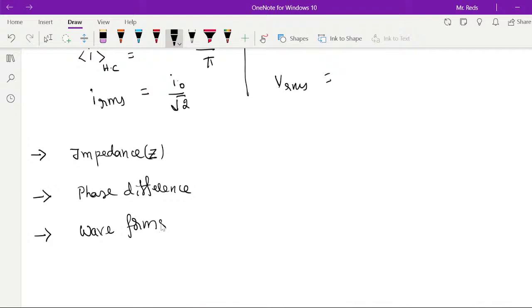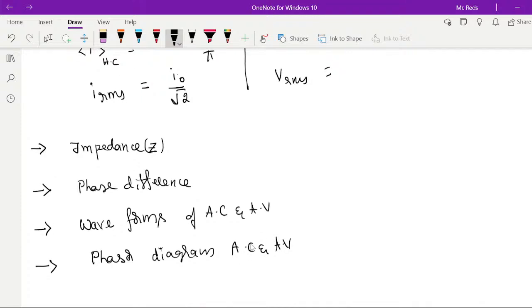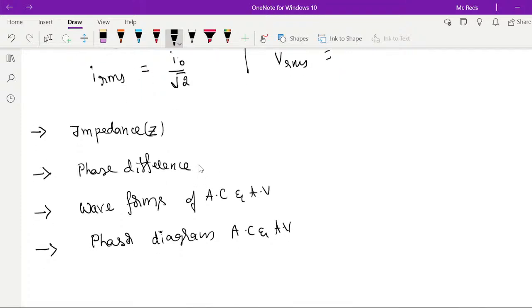Waveforms of alternating current and alternating voltage, and the phasor diagram. How to draw the phasor diagram we have also discussed, the phasor diagram of alternating current and alternating voltage, and how to understand the phase difference between them. Based on the phase difference, we can understand which is leading over the other, the alternating current or the alternating voltage.